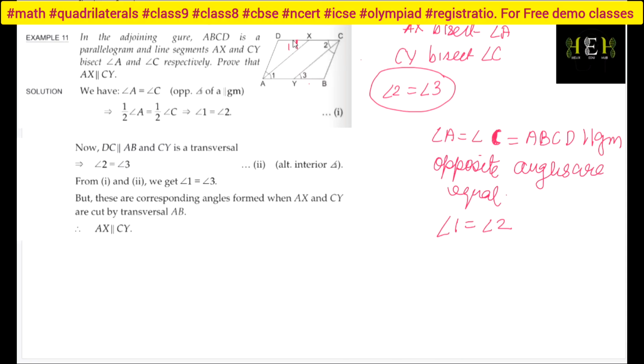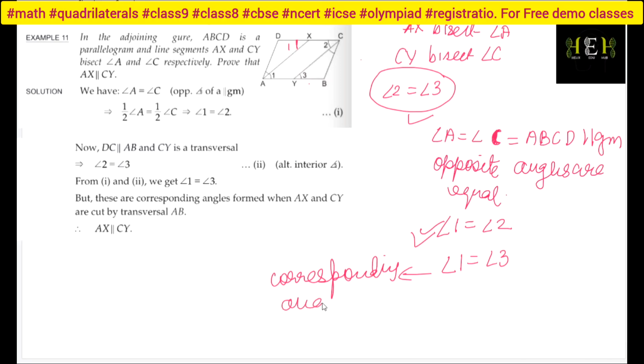Okay, now beta ji, when this happens, your CD will be a transversal, and if I say CY is parallel to XA, then these 1 and 2 are the corresponding angles. Which kind of angles? Corresponding angles. So 1 equal to 2, 2 equal to 3. Since 2 is common, I can combine this and say 1 equal to angle 3.